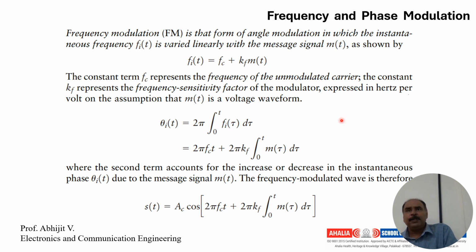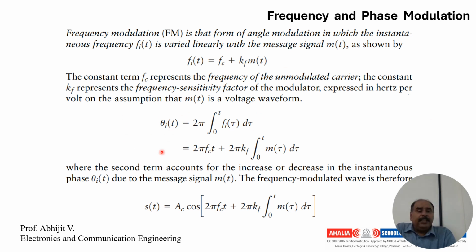Define what is frequency sensitivity factor. It is a form of modulation expressed in hertz per volt. Phase sensitivity was expressed in radians per volt, and frequency sensitivity is expressed in hertz per volt, on the assumption that m of t is a voltage waveform, okay?